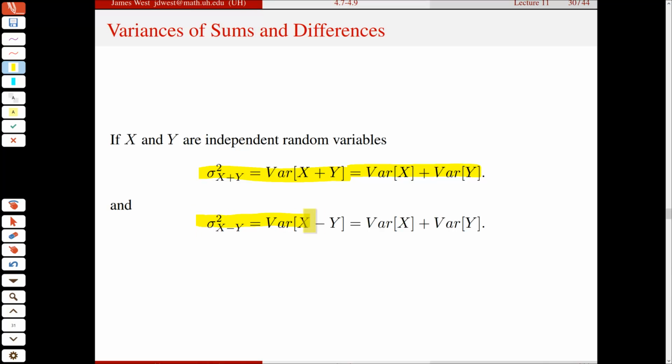And if we subtract them, the variance is the sum, notice, still the sum of the variances. Importantly, the standard deviation of x plus y is not equal to the standard deviation of x plus the standard deviation of y. The standard deviation of x plus y is equal to the square root of the variance of x plus the variance of y.